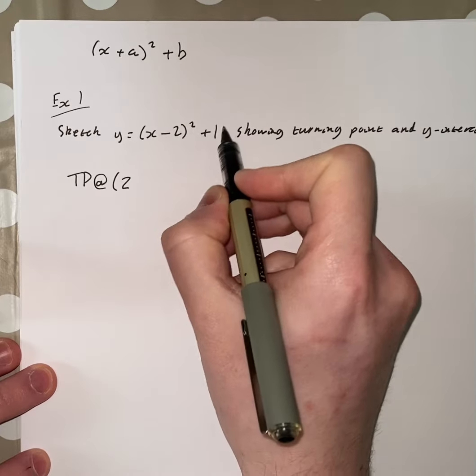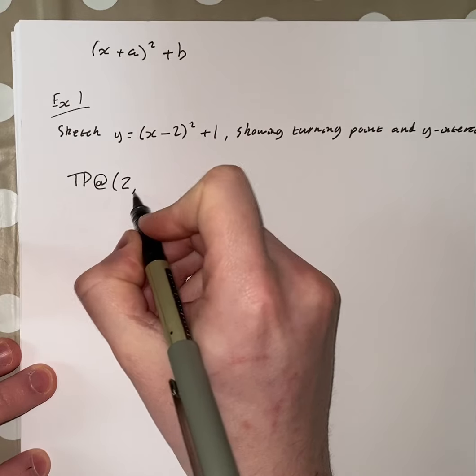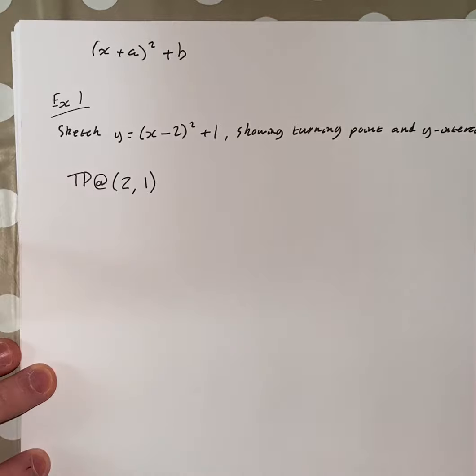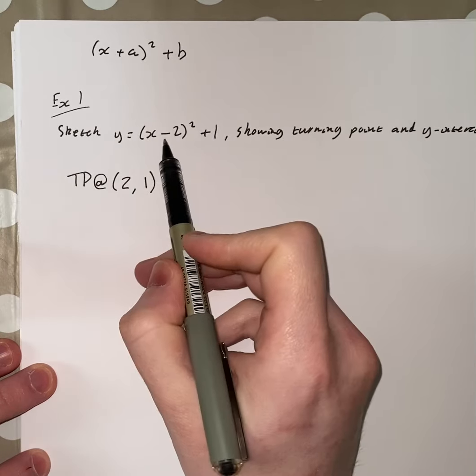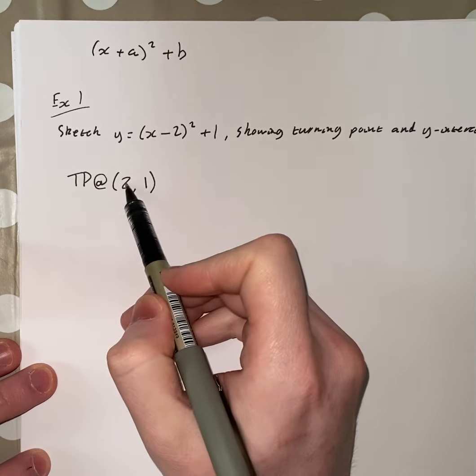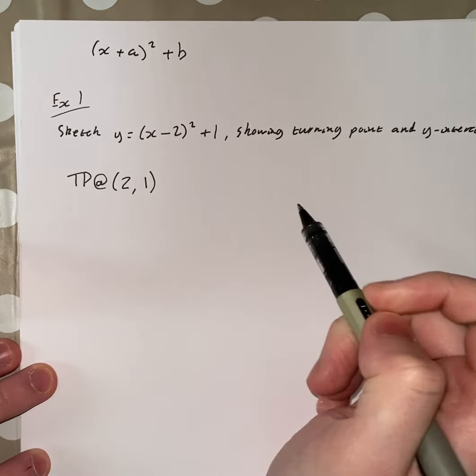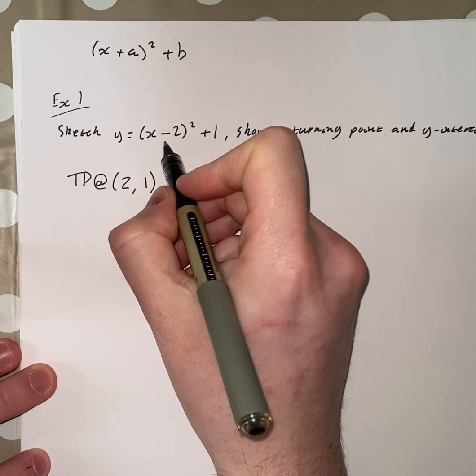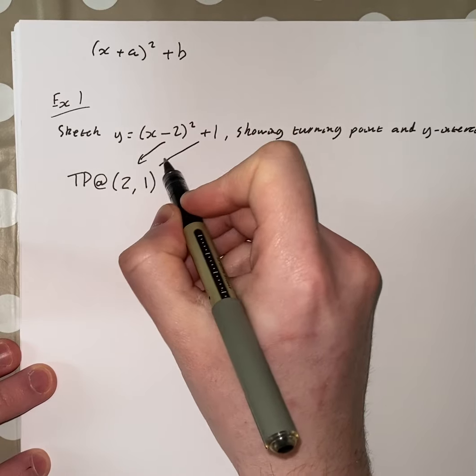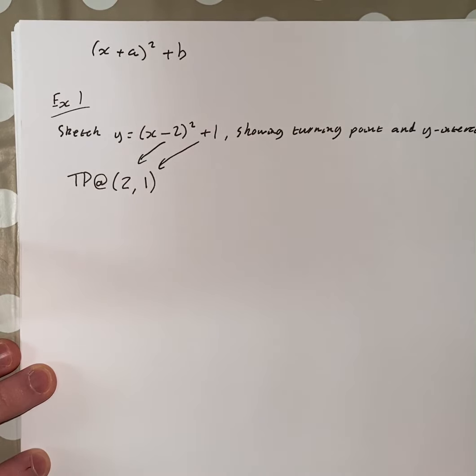And the number outside your bracket just stays the same. So that negative 2 becomes a positive 2, and this 1 just stays a 1. x and y, easy as that, and that comes from those two bits of information there.